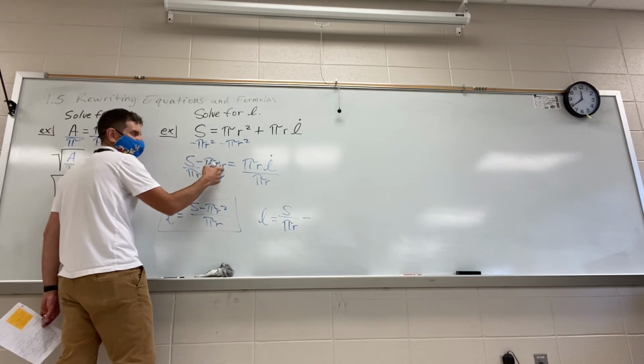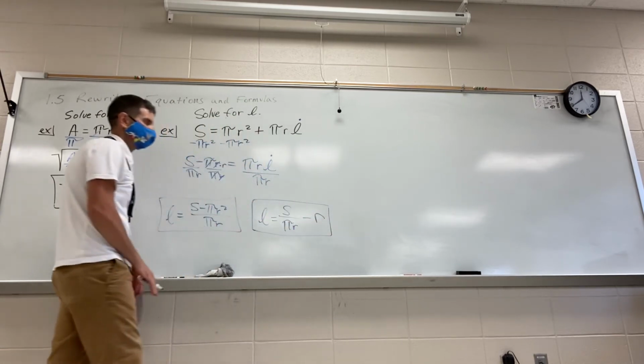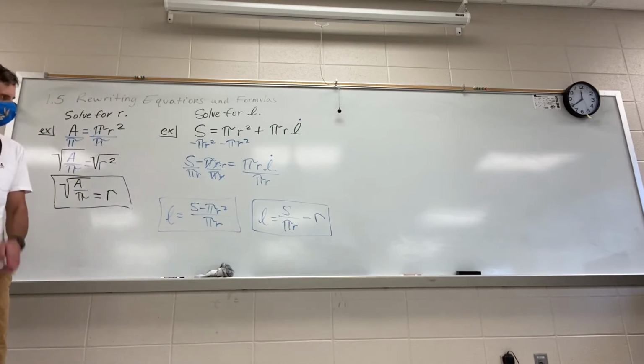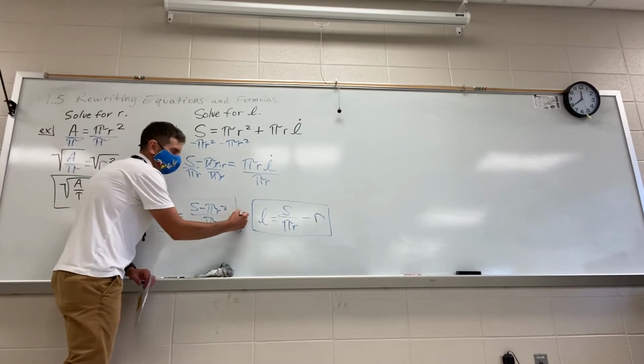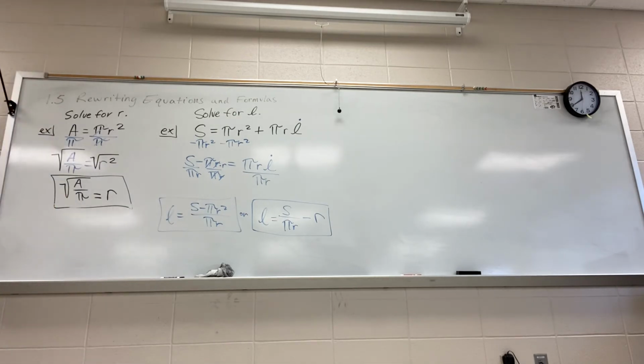R. So there's two possibilities. Either one is fine. But if it was R cubed, would it be R squared left over after you divide? Yeah, left over after you divide. You got it.